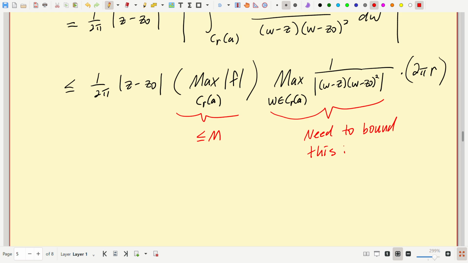So my guess was correct because of the z minus z naught. This goes to 0 as z tends to z naught. So my guess is correct. I can differentiate under the integral sign.